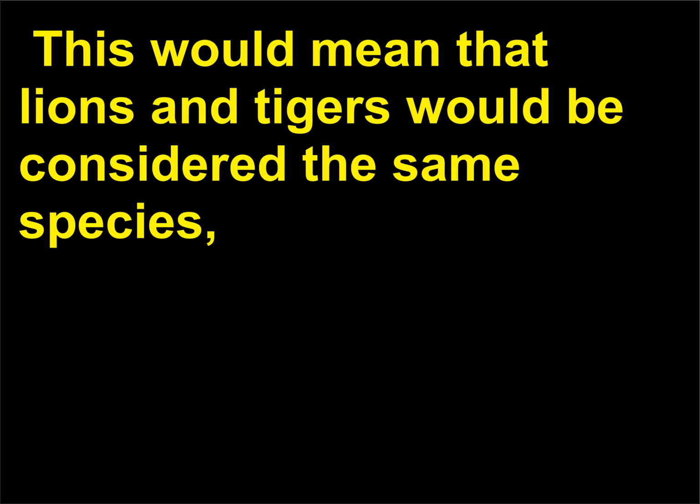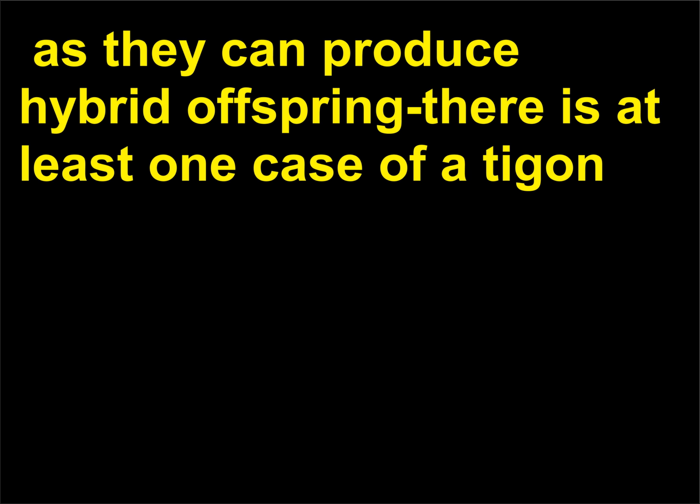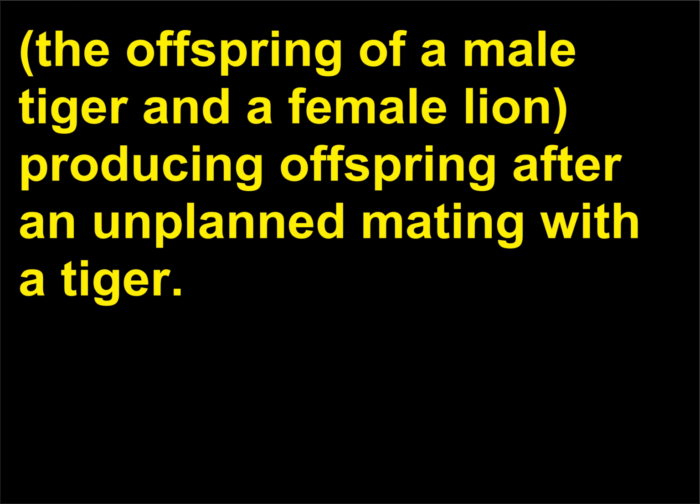This would mean that lions and tigers would be considered the same species, as they can produce hybrid offspring. There is at least one case of a tigon, the offspring of a male tiger and a female lion, produced after an unplanned mating with the tiger.